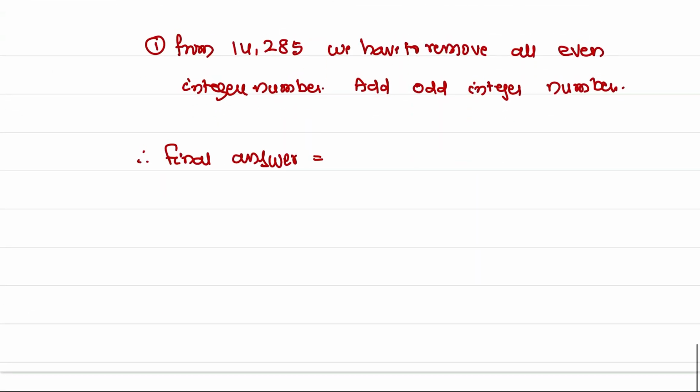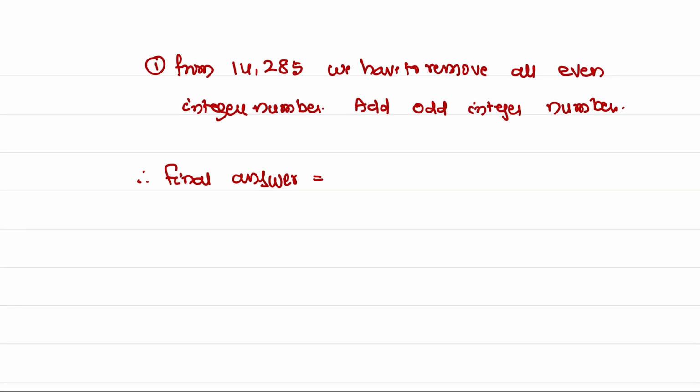Then the total count, final answer, is equal to 14,285. This number of integers are divisible by 7. From that we will take out the number of integers divisible by 7 square.